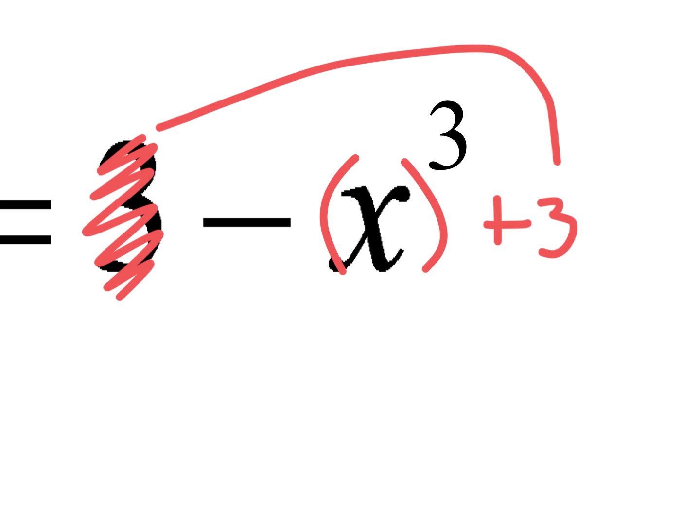I said to start on the inside, but there's nothing to do on the inside. So then you move to the outside. When you're on the outside, is there an order you have to follow? Yes, there is. You will screw it up if you do it in the wrong order. So, should that negative be first, or should the plus 3 be first? I'll give you a hint.